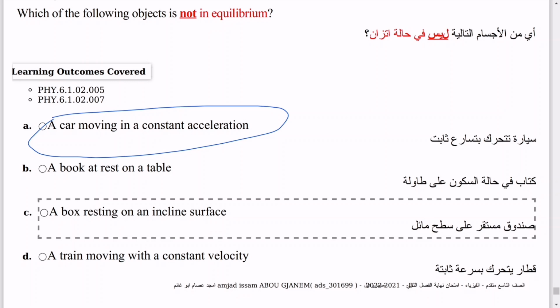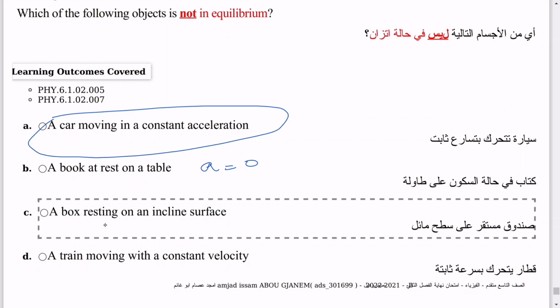So the question is, which of the following objects is not in equilibrium? Any object that is accelerating will not be in equilibrium, and any object whose acceleration is zero is in equilibrium. A book at rest, acceleration is zero, so the object is in equilibrium.